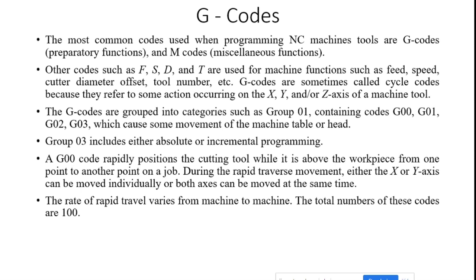And then the G codes are grouped into categories, such as group 1 containing codes G00, G01, G02, G03. Let's see the meaning of these codes in the next slides, which cause some movement of the machine table or head. So G codes are always playing with the work table and tool spindle. How can we move the work table along the XYZ axis, and how can we move the spindle from one place to another place?